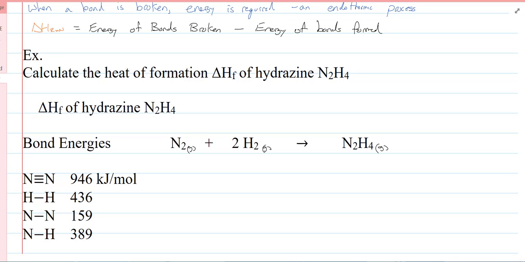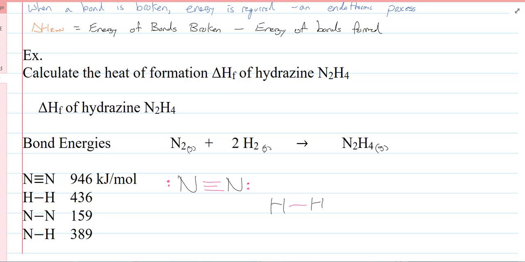Well, Lewis structure-wise, N2, H2, and then N2H4. Well, N2 has 10 electrons, so it's 2, 4, 6, 8, 10. Hydrogen has just the one bond, one electron each for a total of 2 electrons. N2H4, what's going to happen here? Well, chances are we have an N-N bond because there's an N-N single bond there.